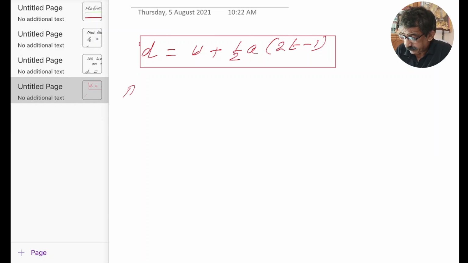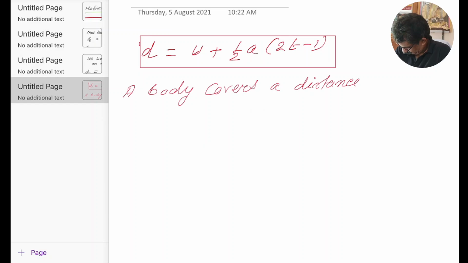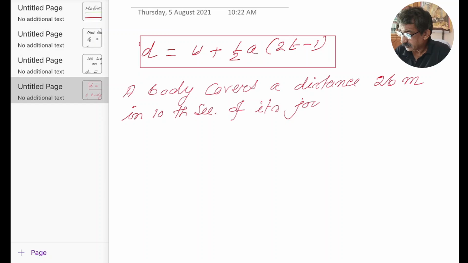A body covers a distance (26 meters) in 10 seconds of its journey, and 28 meters in 11 seconds of its journey.